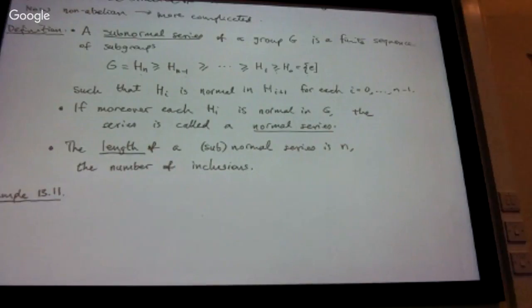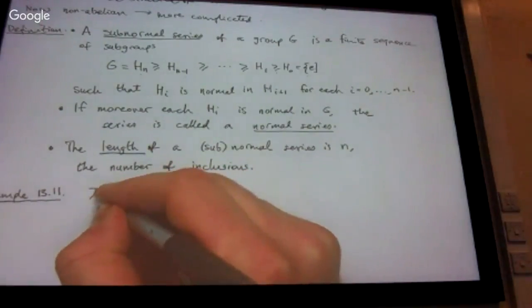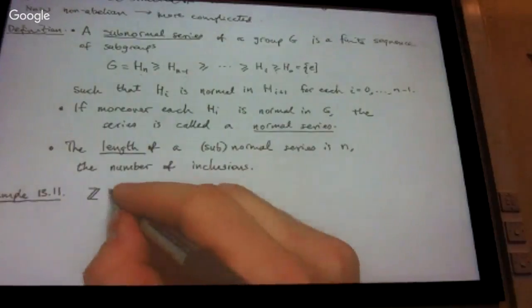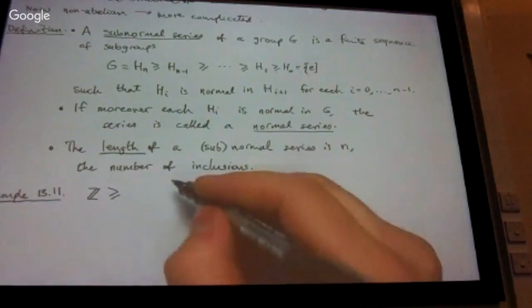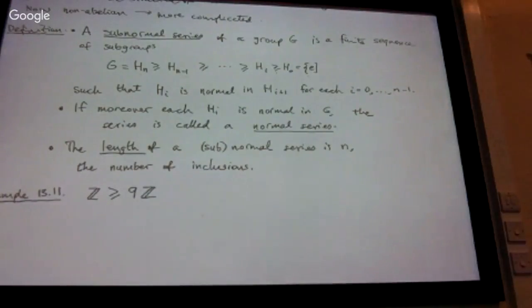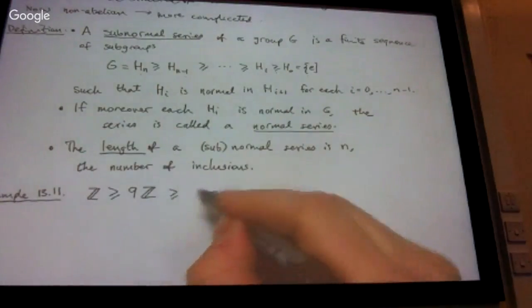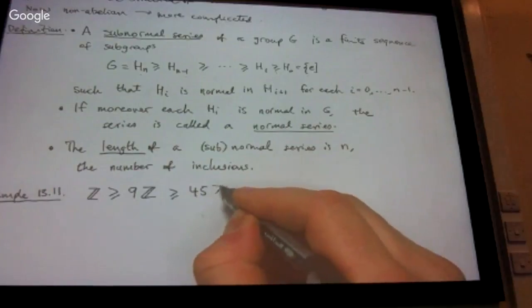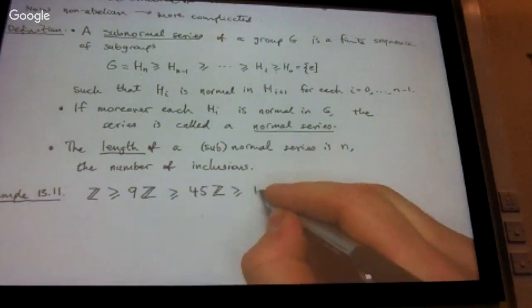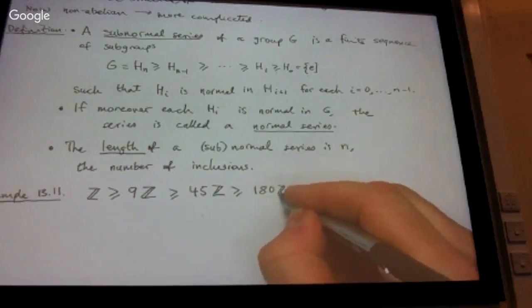Okay, so if I start with all the integers under addition, this is just the multiples of 9. This is just the multiples of 45. This is just the multiples of 180.